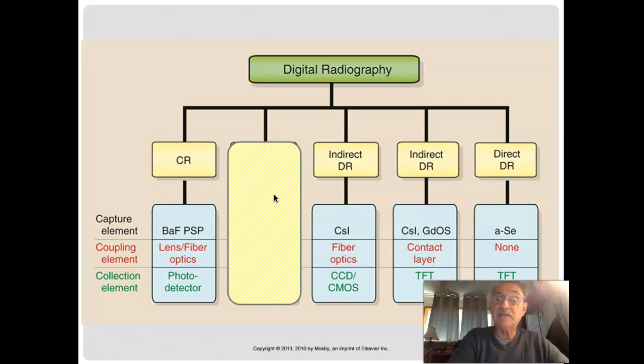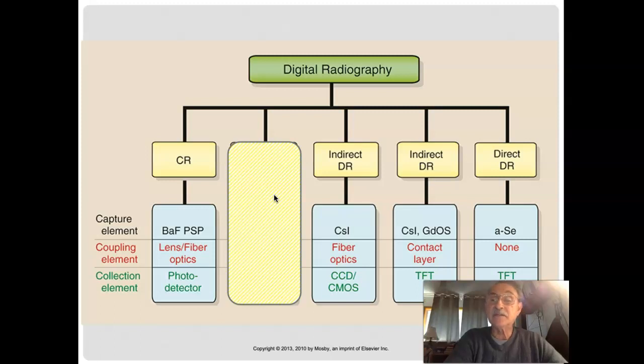For indirect, we have cesium iodide or gadolinium oxysulfide, and for direct DR, we have amorphous selenium. The coupling element, how we put the capture and the collection together, well, in CR, that's a lens and fiber optics. Remember, the lens is like the photomultiplier tube, and that captures the result, the liberated electrons, which is the blue-purple light that is emitted by the action of the red light laser.